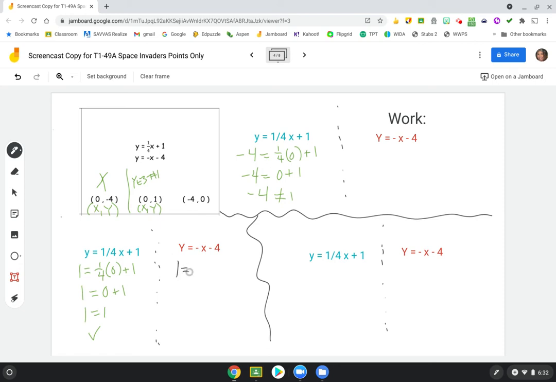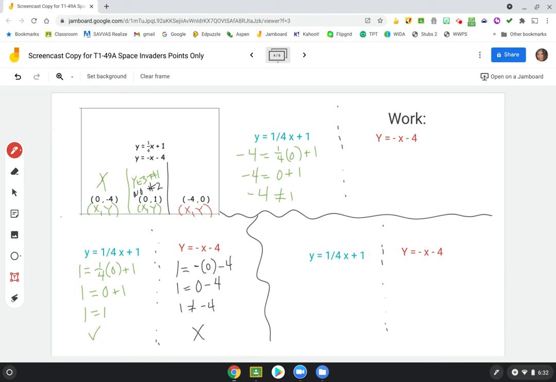So 1 equals the opposite of 0, minus 4. Well, the opposite of 0 is still 0. 0 minus 4 is negative 4. And 1 does not equal negative 4. So that means it's not the solution to the system because that point is only on line 1 and it's not on line 2.